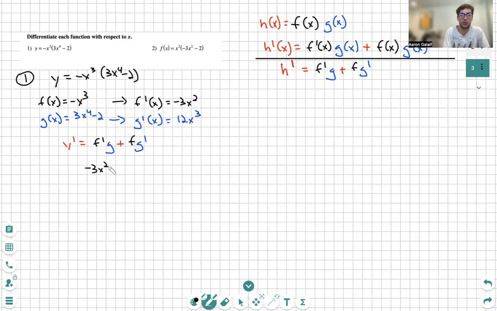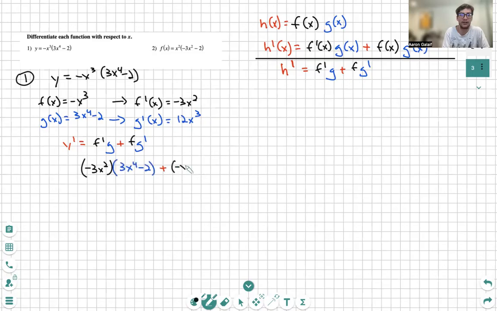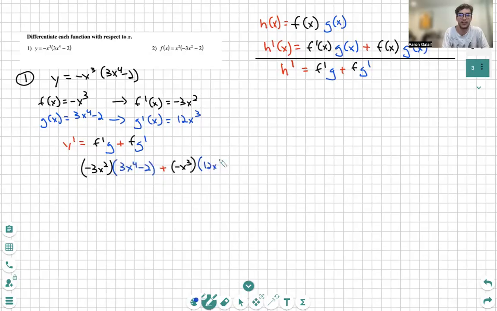Negative 3x squared is my f prime. My g is my regular g that has not been derived. My f that is not derived is negative x cubed. And then my g that is derived is 12x cubed. And that is it. That is how you derive a product rule.